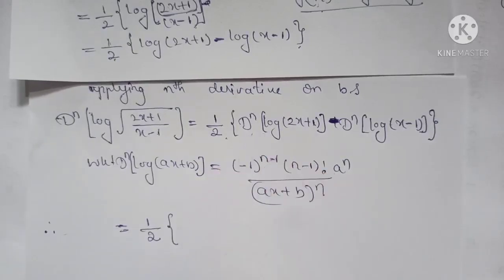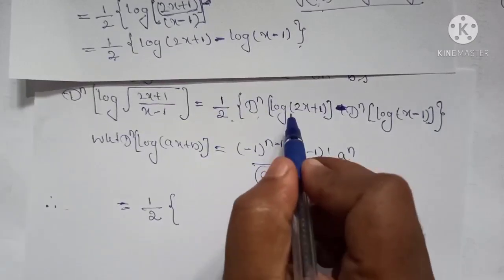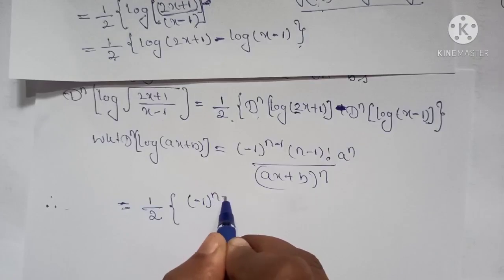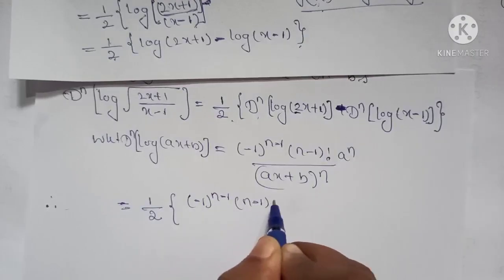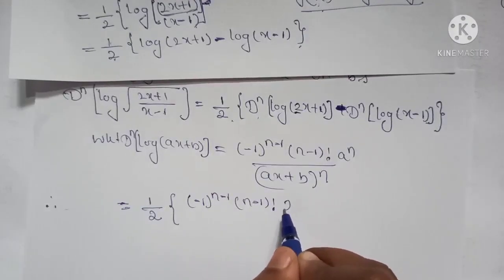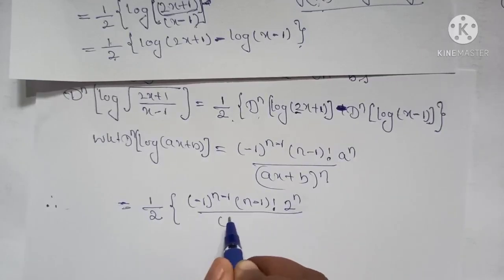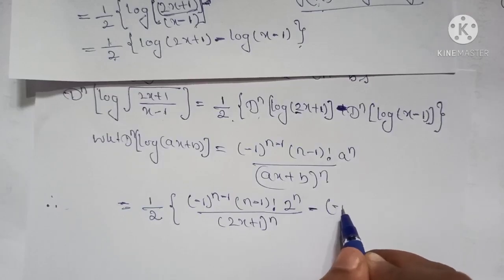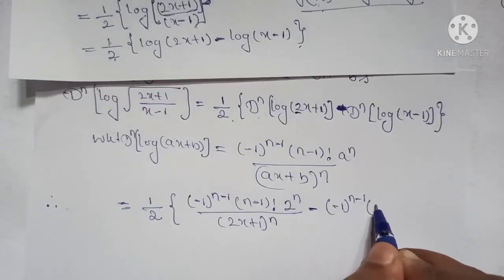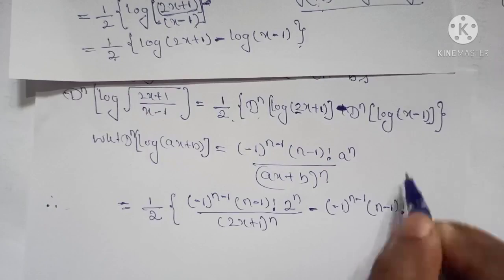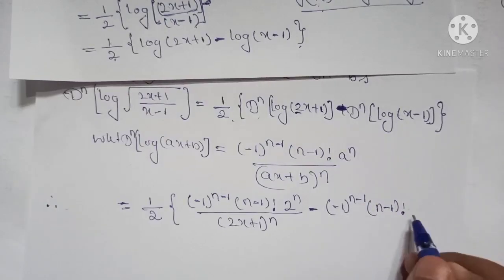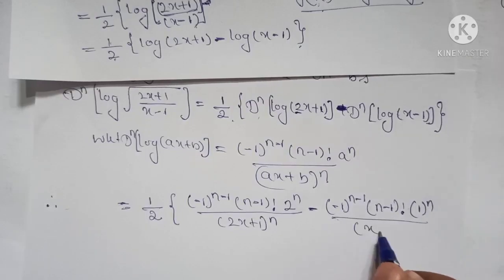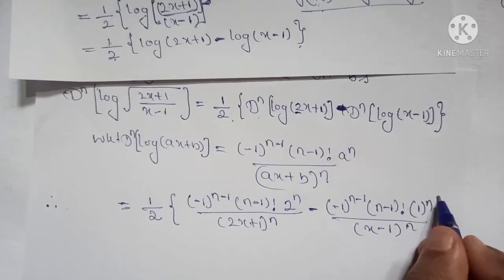The nth derivative of log of (2x plus 1), here a is equal to 2, so it is (minus 1) raised to n minus 1, factorial of n minus 1, 2 raised to n divided by (2x plus 1) raised to n, minus (minus 1) raised to n minus 1, factorial of n minus 1. Here a equals 1, so 1 raised to n equals 1, divided by (x minus 1) raised to n.